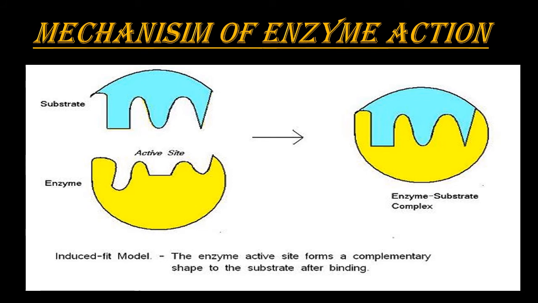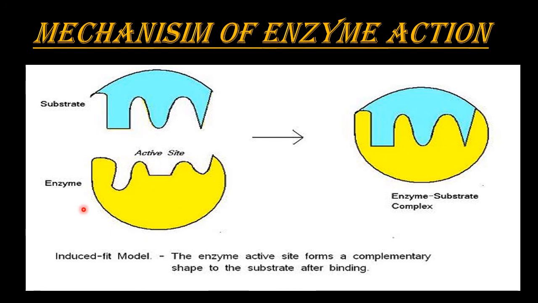According to the lock and key model, the active site of the enzyme has a rigid structure, and both the substrate and the enzyme have a specific shape.